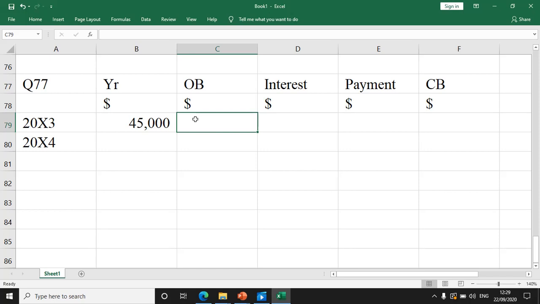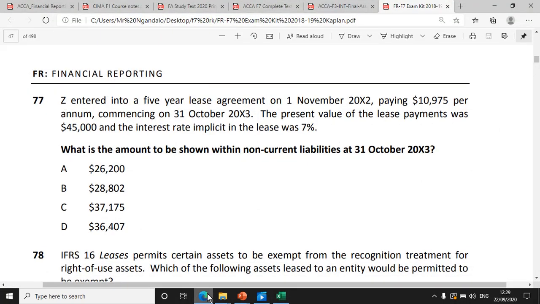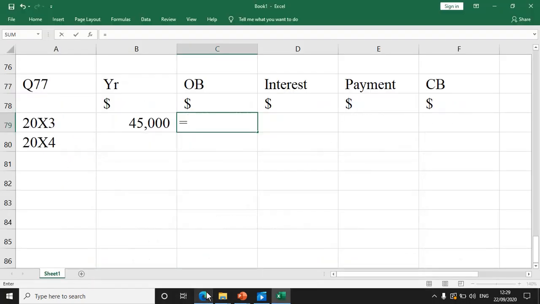What is the interest? So again, interest will be equal to, if I may check, 7%. So I take that figure there by 7%, and I've got that amount. Am I right?